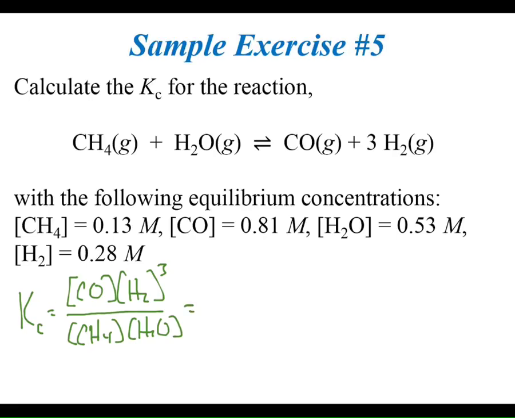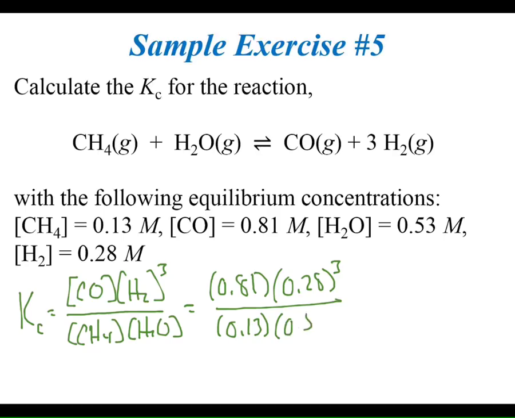The CO was 0.81, the H2 was 0.28 cubed, don't forget to cube it, over the CH4, 0.13, and the H2O, 0.53. What'd you say, 0.26? Yeah.